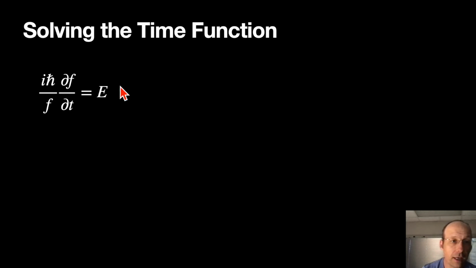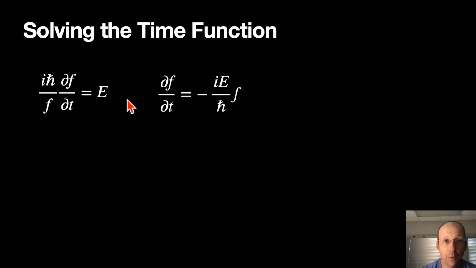It's really not hard. Here is our function, right? We have the partial of f with respect to t is equal to E, and then we have that 1 over f. So we can multiply both sides by f over i h bar, and we get this. Now, again, I didn't show you this, but if I divide by i h bar, I put the i up here and multiply by negative, because what I do is multiply by i over i, and then I get -1 on the bottom, and then I get the i.